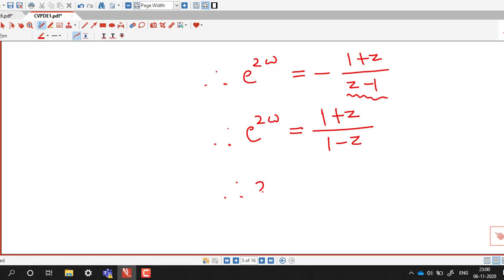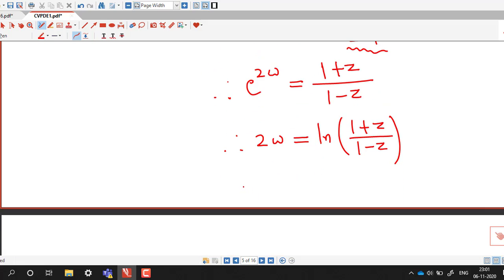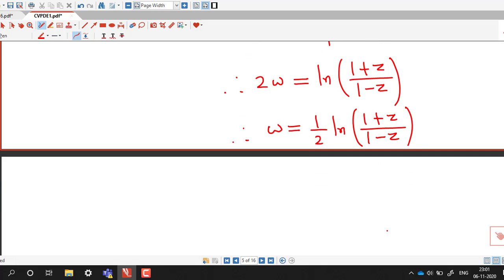Now by the definition of logarithmic function, 2w is log of 1 plus z over 1 minus z. So finally we obtain w equal to 1/2 log of 1 plus z over 1 minus z. But w is nothing but tan hyperbolic inverse z.